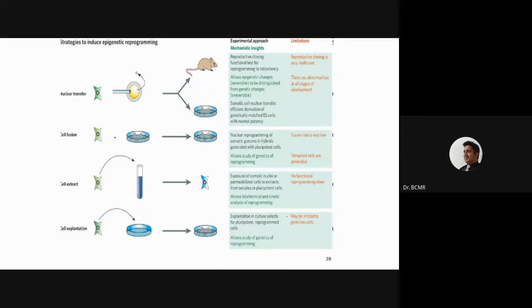When we learned about genetic reprogramming and epigenetic programming, what we are trying to do right now is the same thing. We learned about the biology of the gametes, and we want to differentiate them by using artificial mechanisms. In that, we learned about nuclear transfer, cell fusion, cell extract, and cell explantation, right? There are advantages and disadvantages of each of them.